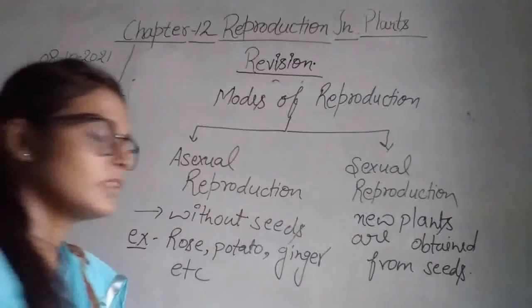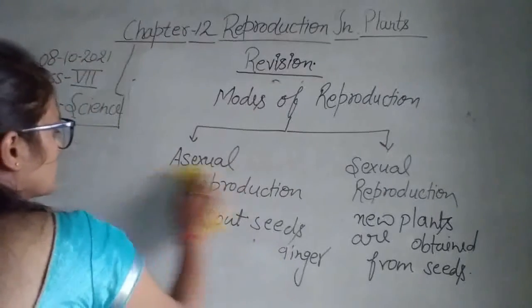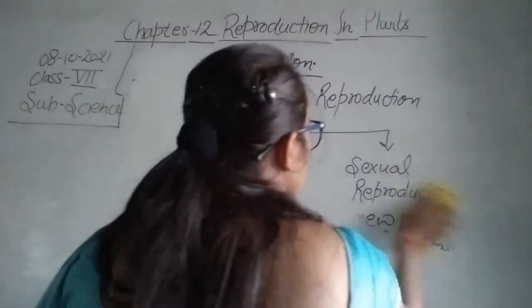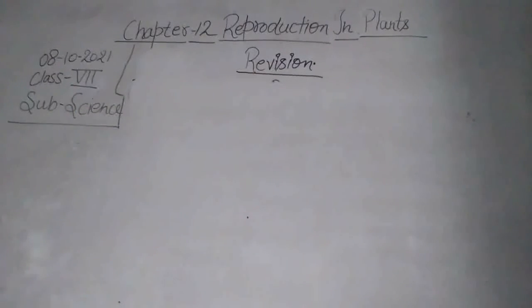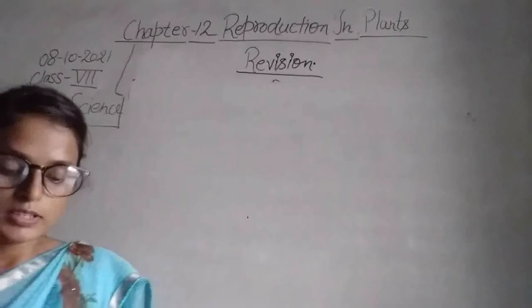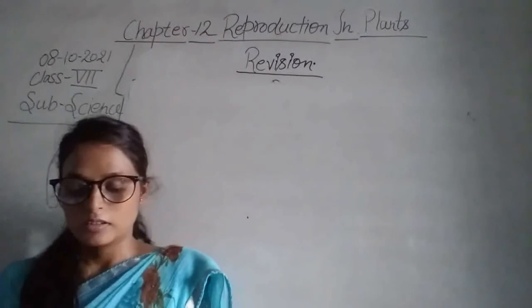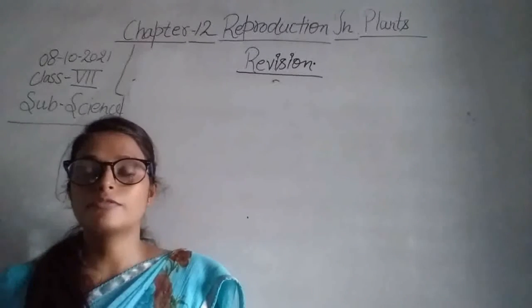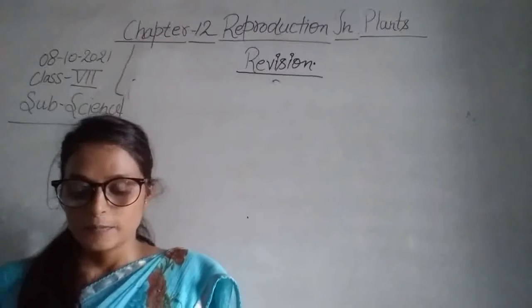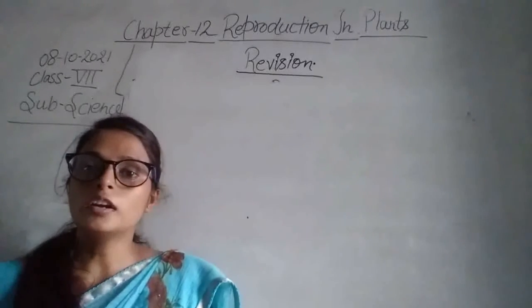Now next topic is pollination. What is pollination? Pollination is the transfer of pollen from the anther to the stigma of a flower.